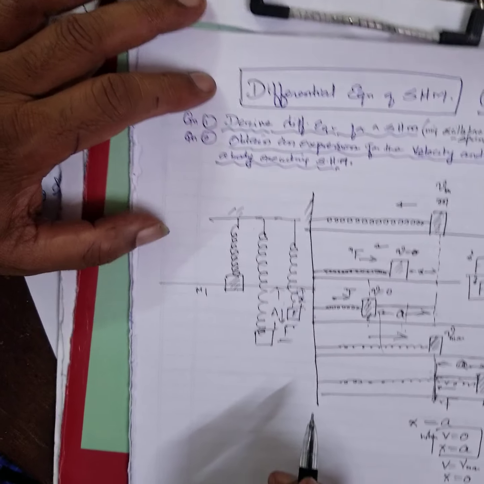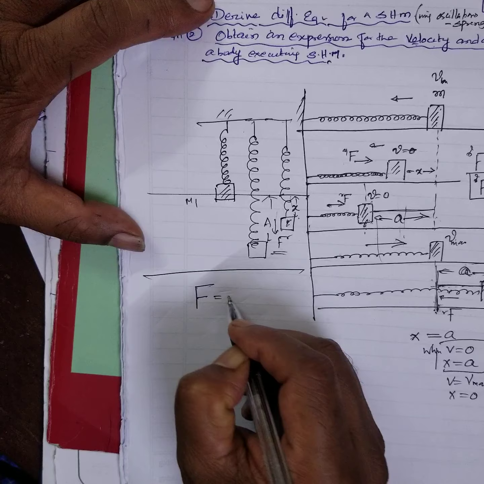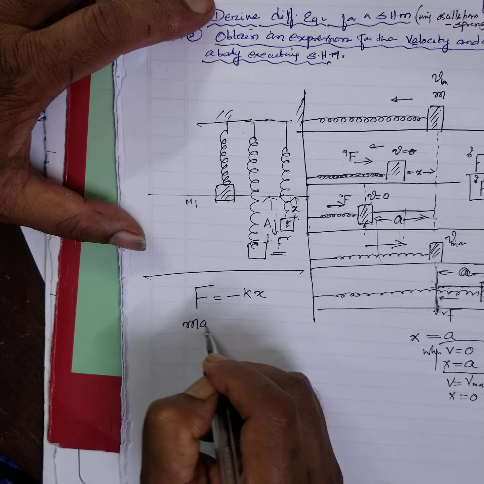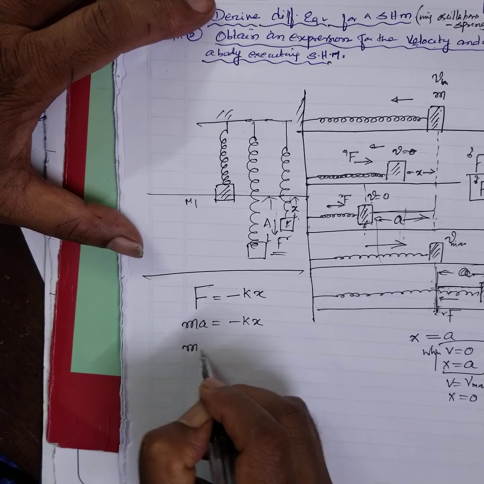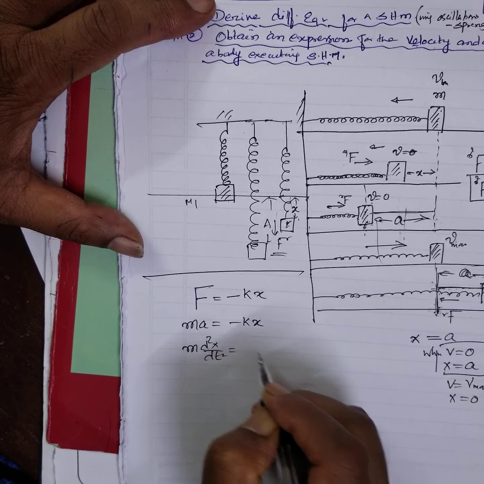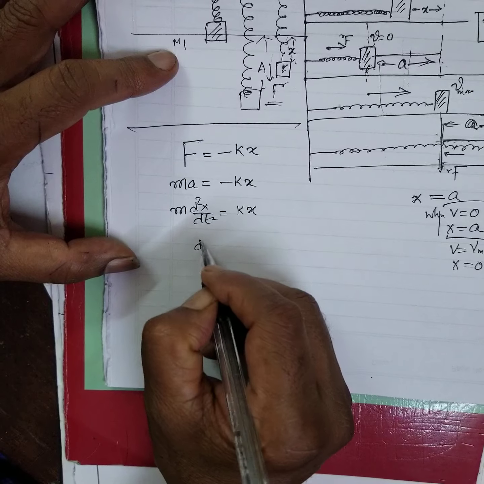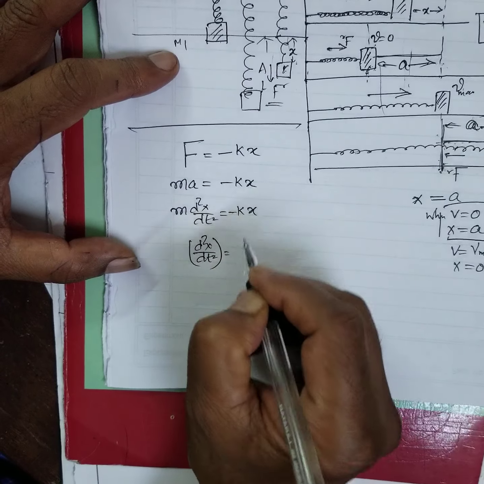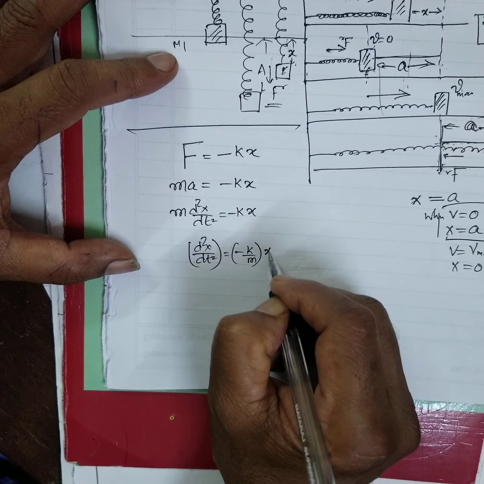Now, you got the equation F is equal to minus kx. F is mass times acceleration, which is equal to minus kx. M into acceleration is m d square x by dt square is equal to minus kx, or d square x by dt square is equal to minus k by m x.